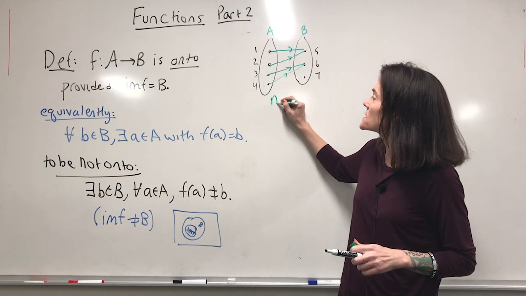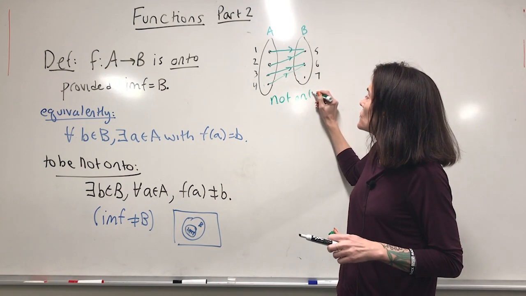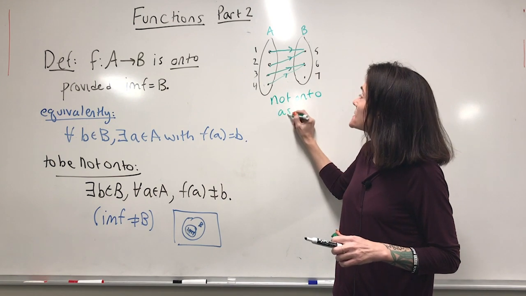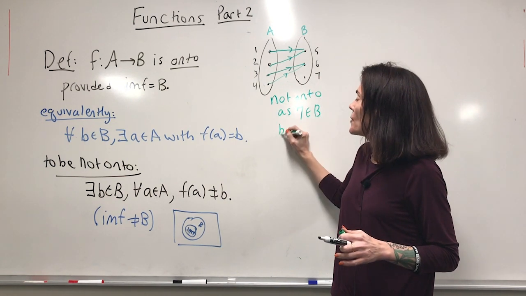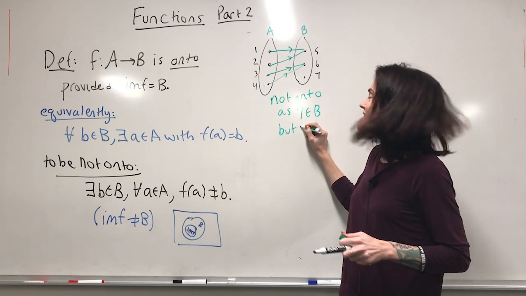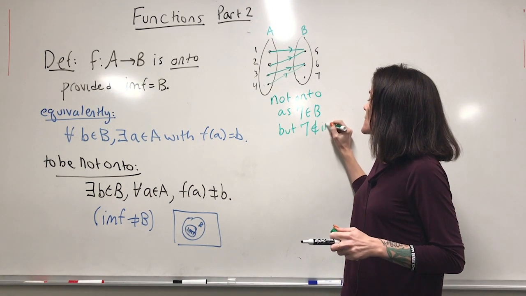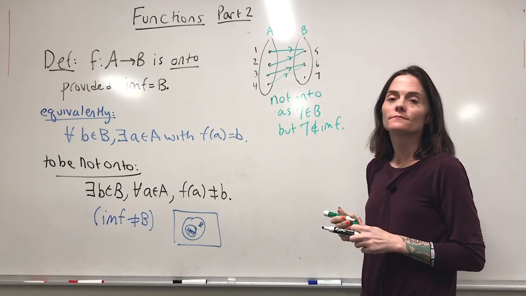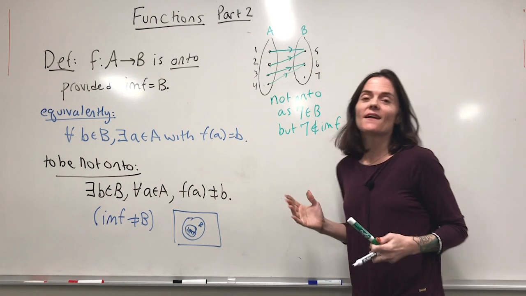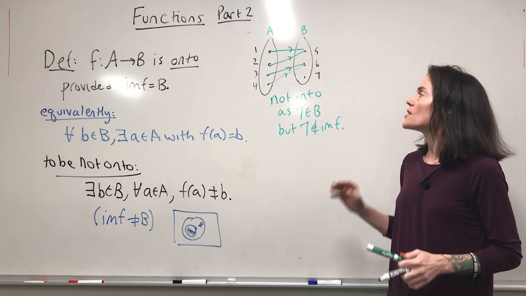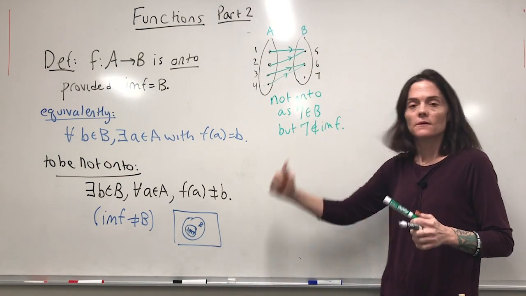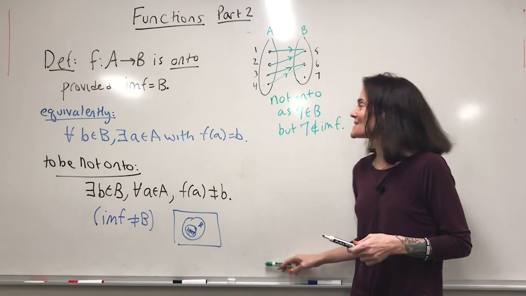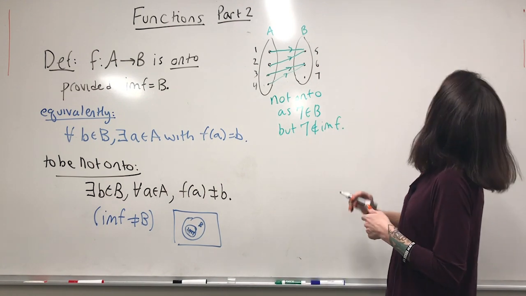And now this is not onto, as 7 is in B, but 7 is not in the image of f. So you see this concept of being onto or not onto: if you fill out all of B with arrows hitting the elements, this is onto. Okay?